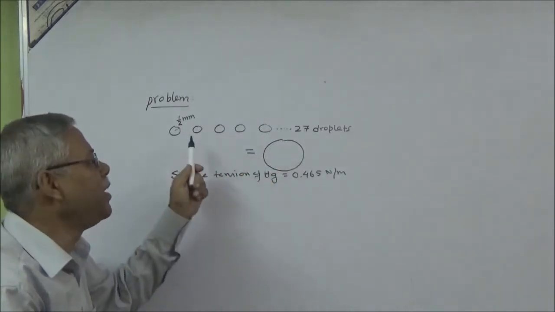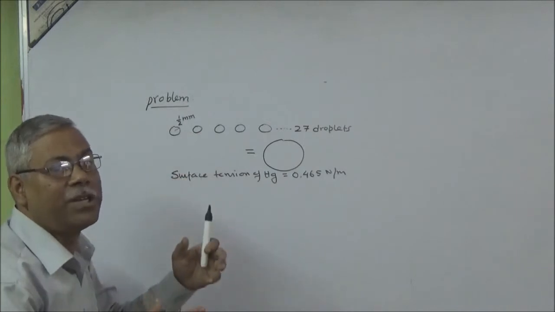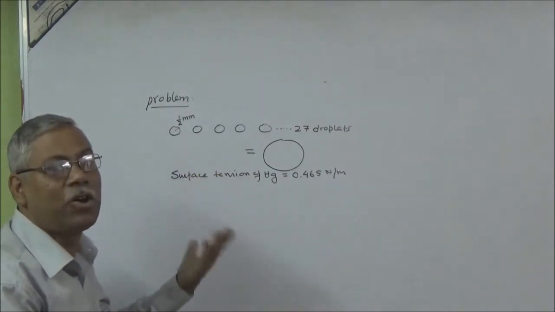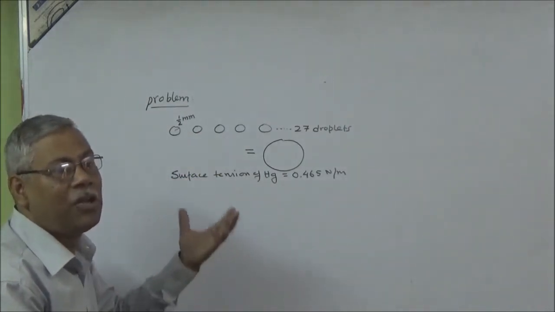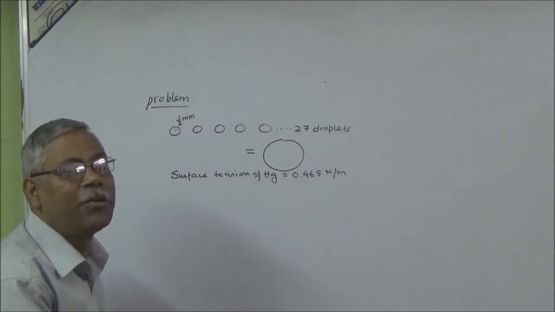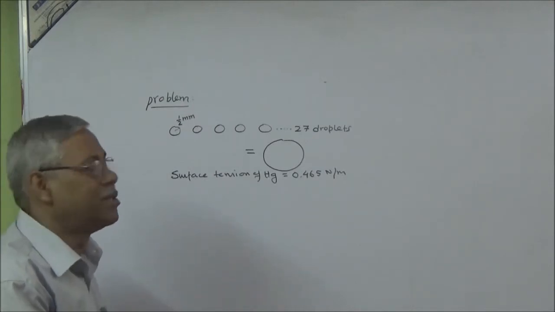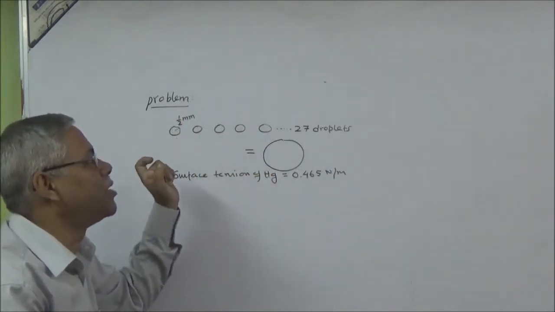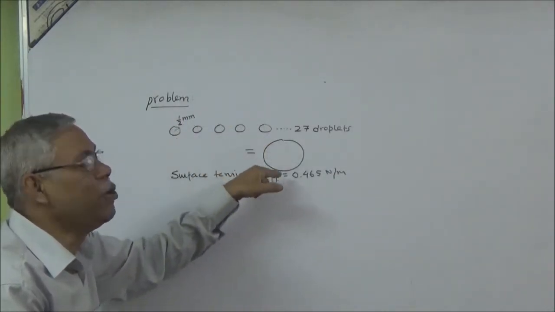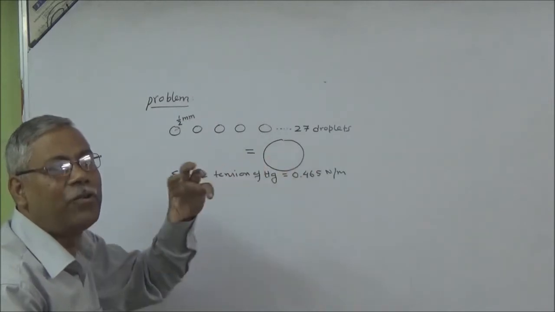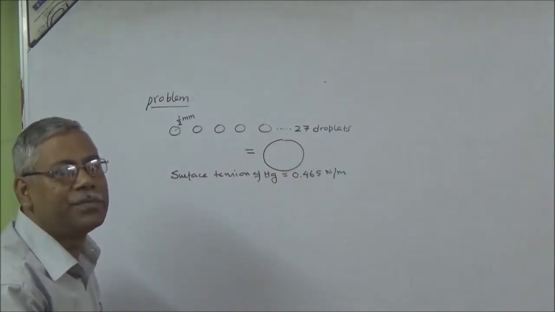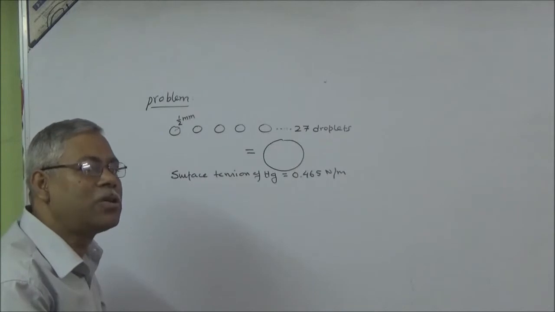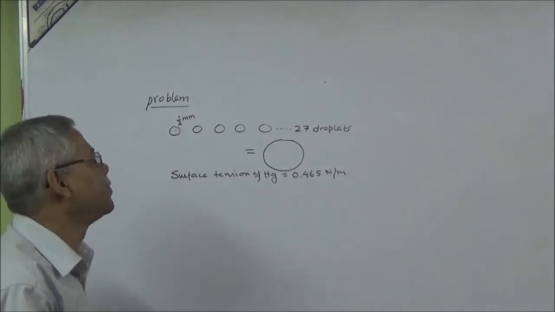So due to this combination, surface energy gets lost, and the lost surface energy converts into heat. So that's why due to combination of these 27 droplets, a new drop will form, and that will become hot. So find the loss in surface energy.